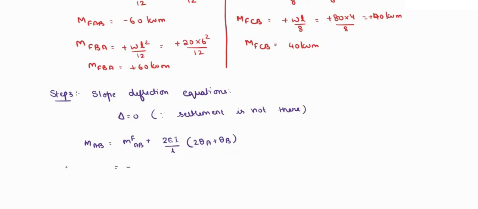This will be equal to minus 60 plus 2E into moment of inertia, which is 2I, and the span here is 6 meters, into 2 theta A plus theta B. So this is your MAB, moment.